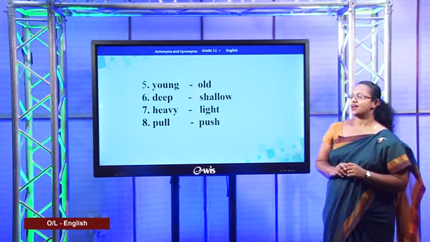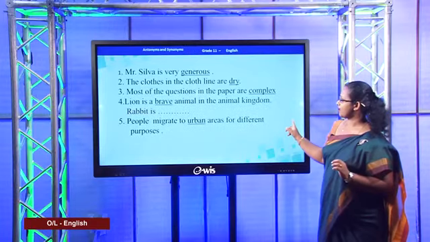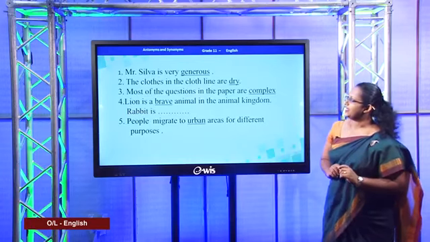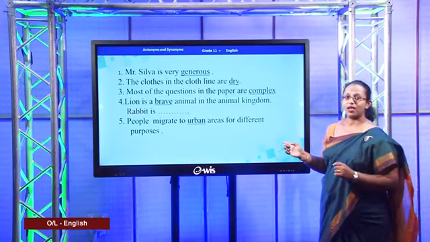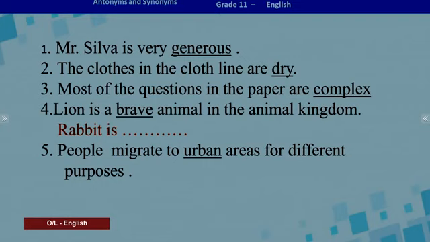Okay, children, I think now you have got an idea about antonyms, opposite words. Right, let's move on to a simple activity now. Here on the screen, you can see some sentences. I am going to read them for you.